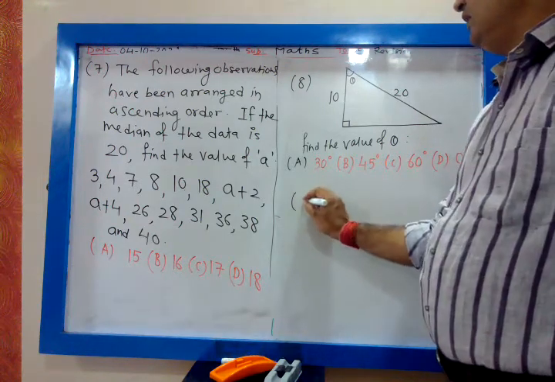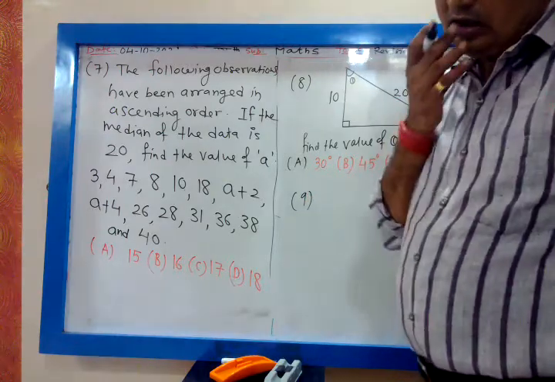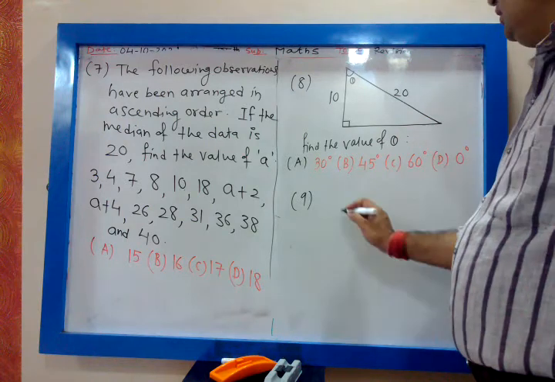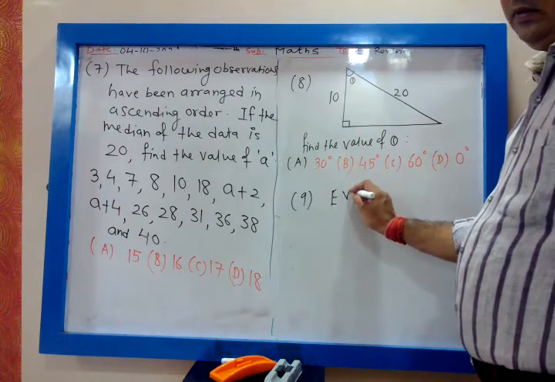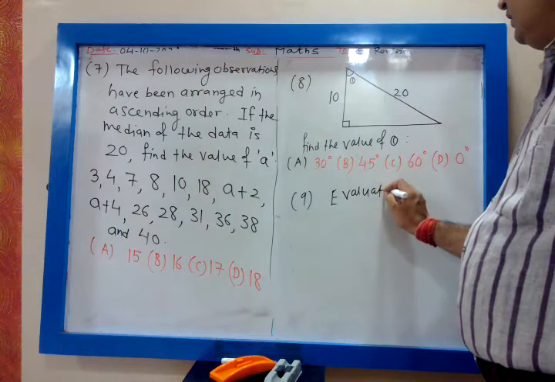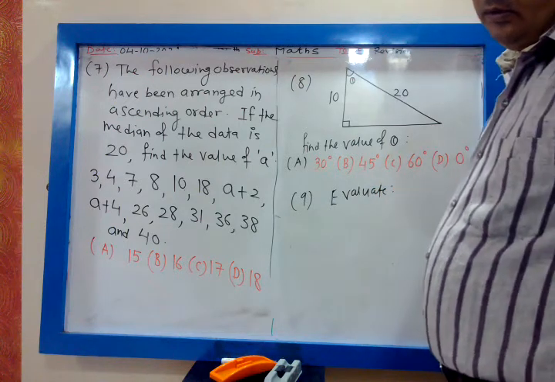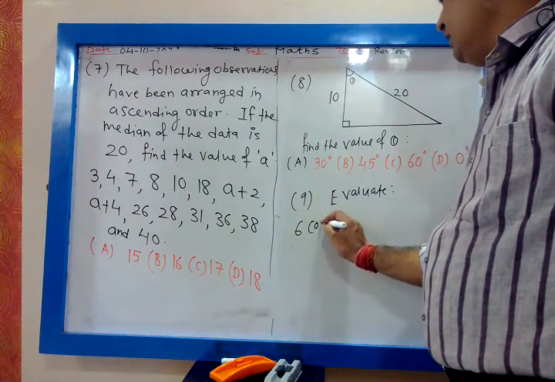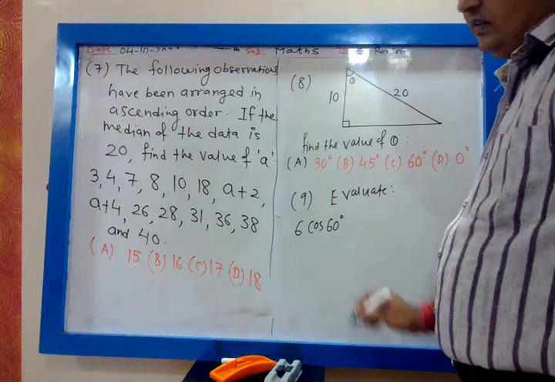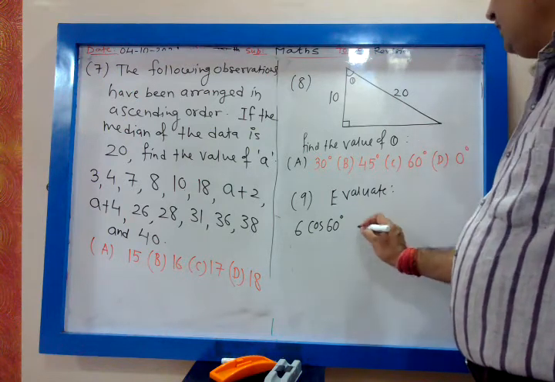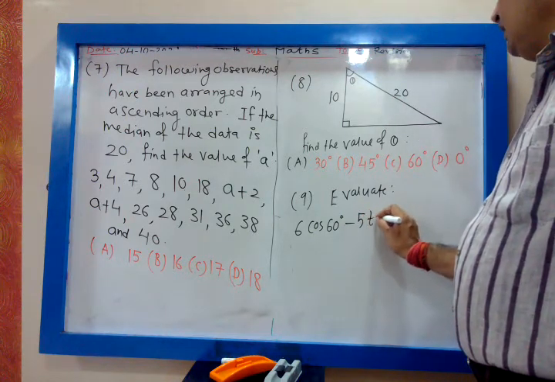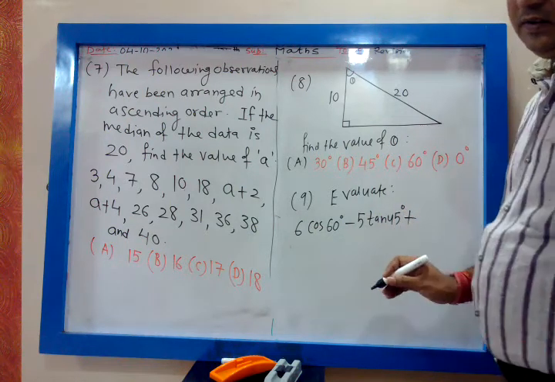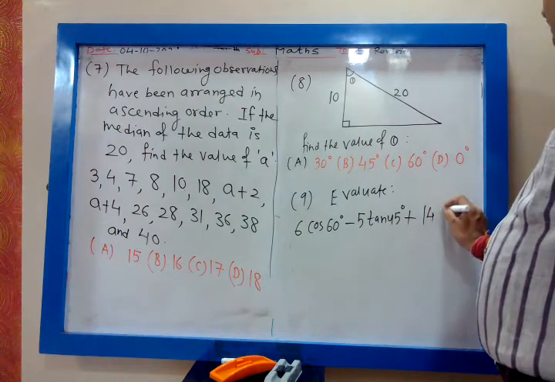Then ninth one. Evaluate 6 cos 60 degree minus 5 tan 45 degree plus 14 sin 30 degree.